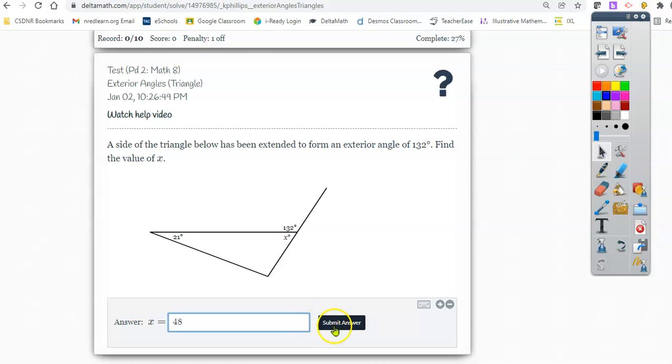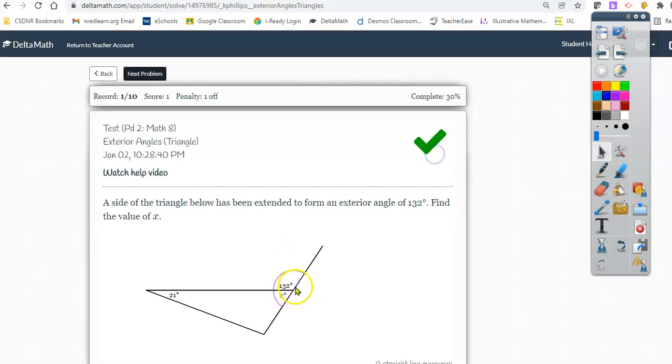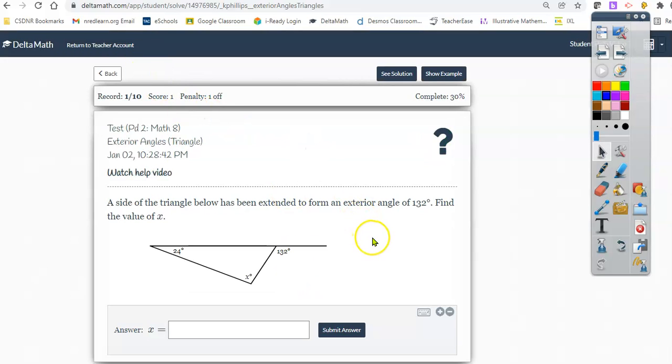So these 2 made a linear pair, and that's how I was able to find that angle. But these 2 here do not make a linear pair. They do not make a linear pair. So 132 is equal to these 2 added together, because these are the remote or far away angles.